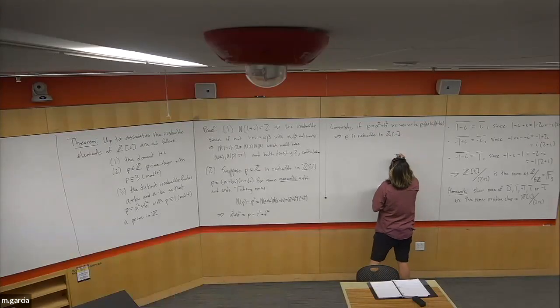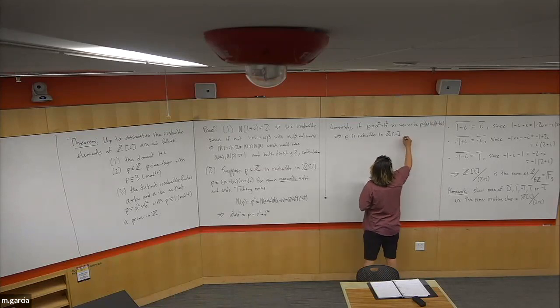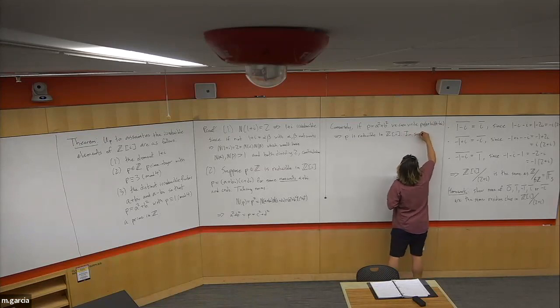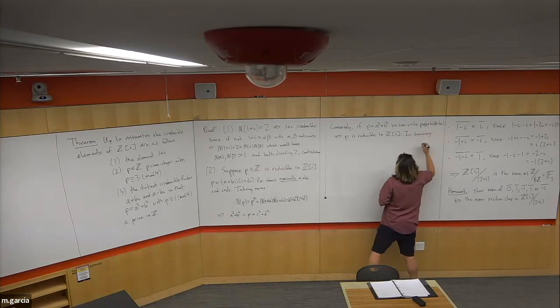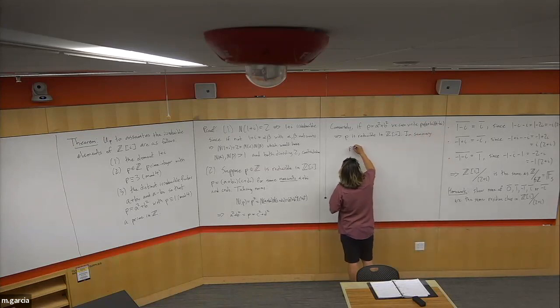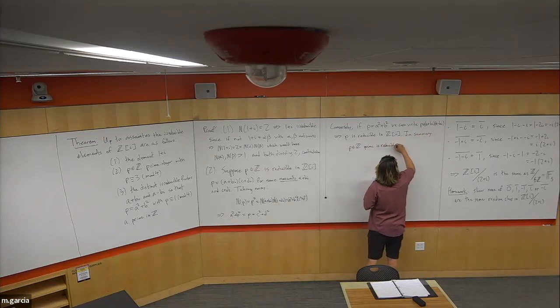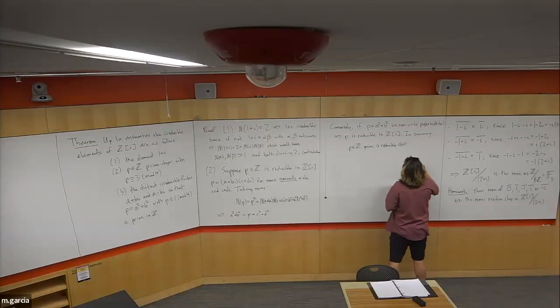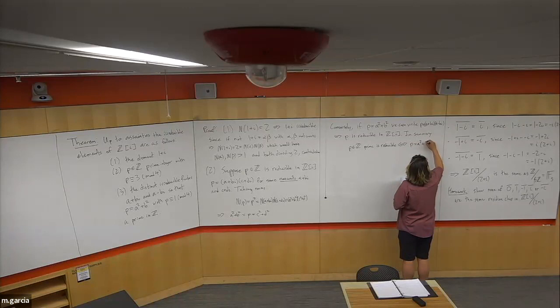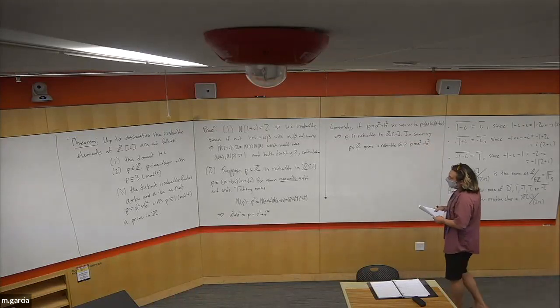So that is to say, in summary, a prime in Z is reducible if and only if p is expressible as a sum of two squares.